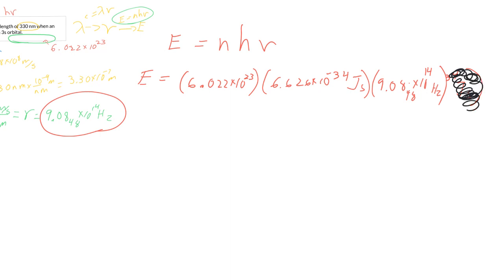All right. So I plug all this into my calculator and I get a value here. And we're going to have one more cutesy step after all this is done.